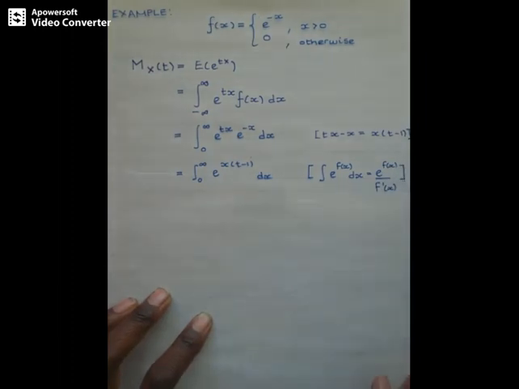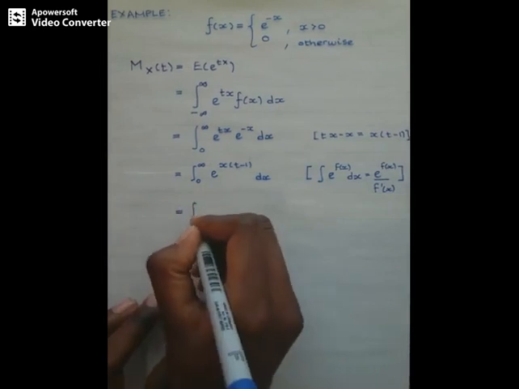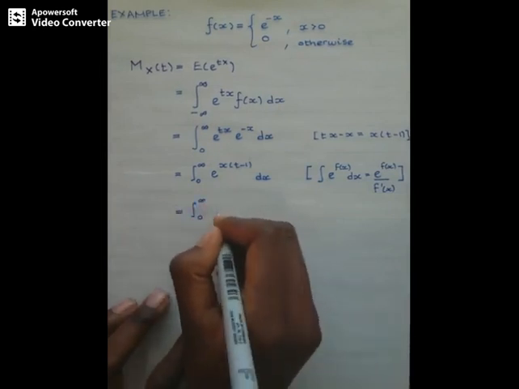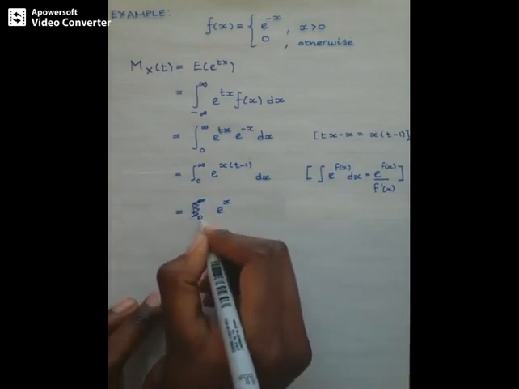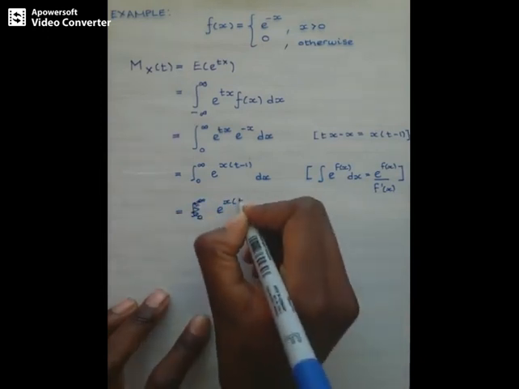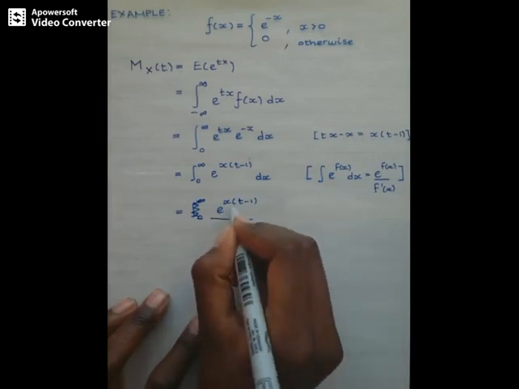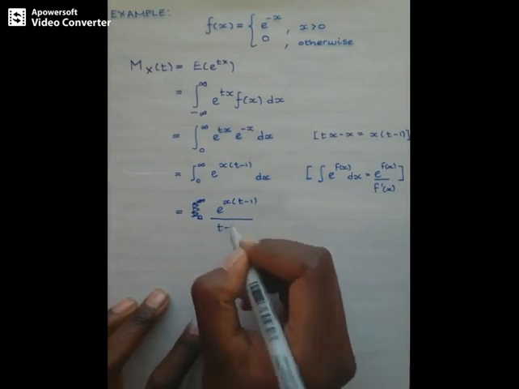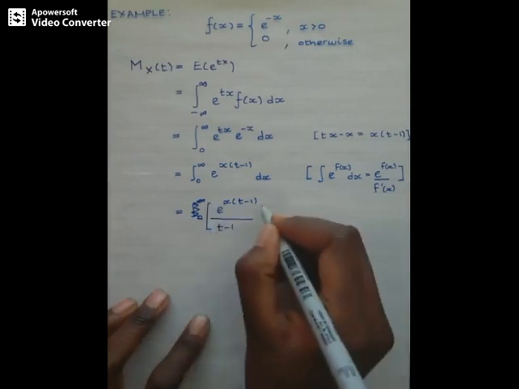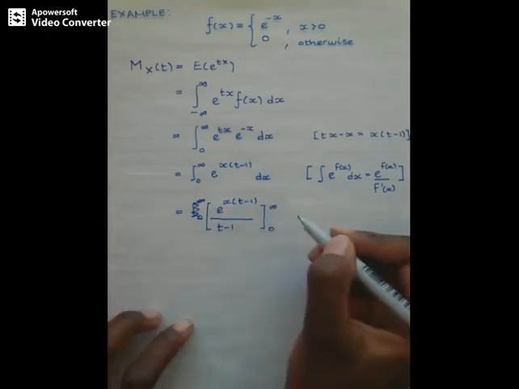So in that case, we're going to copy exactly what's there, dropping the integral now, and it becomes e to the power of x times t minus 1. And then we divide by the derivative of the power, so the derivative of that is just t minus 1. So now we need to substitute the upper and lower limits, from 0 to infinity.